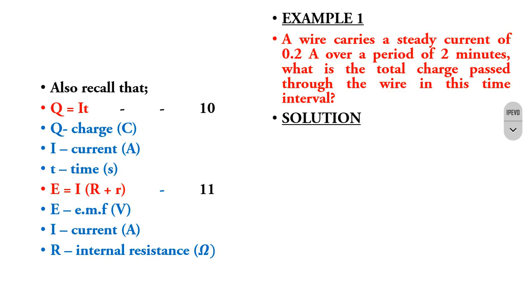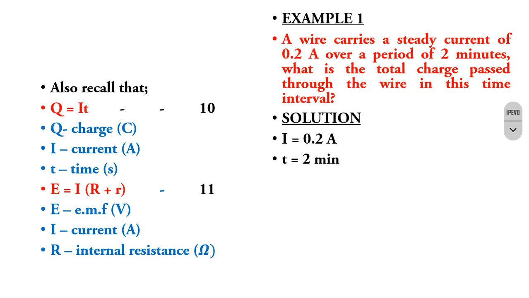In that question, we are being given a current and the time. Looking at this, you can see clearly equation 1 can solve that problem. But there is something you need to do here, the conversion, because you can't just pick a minute here and begin to multiply that.